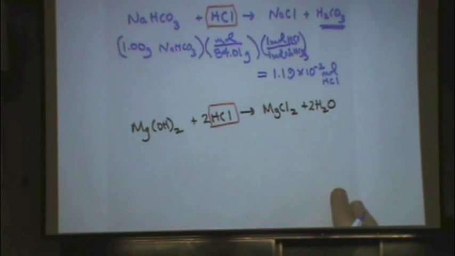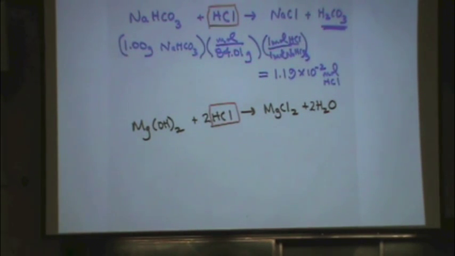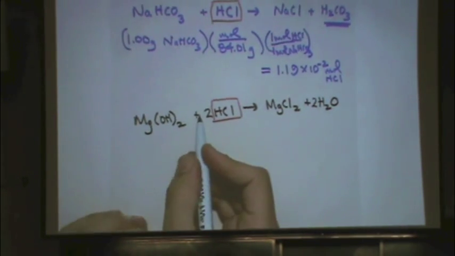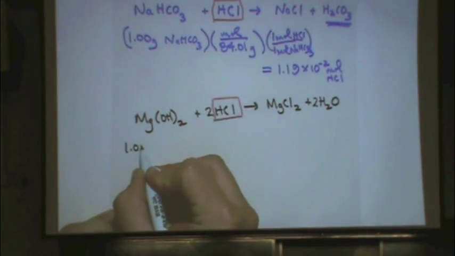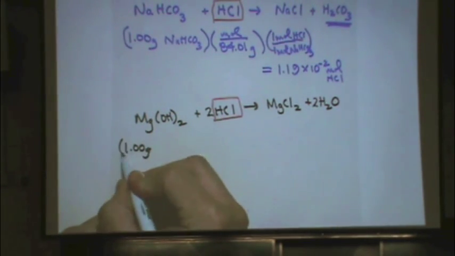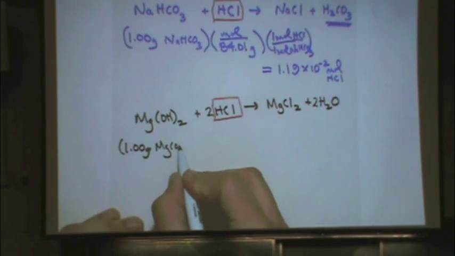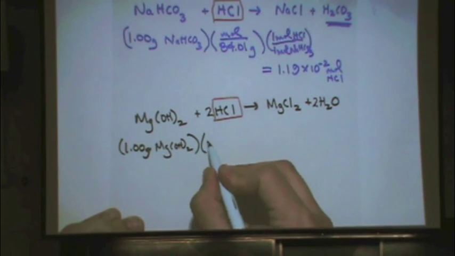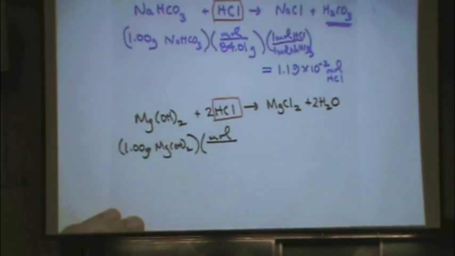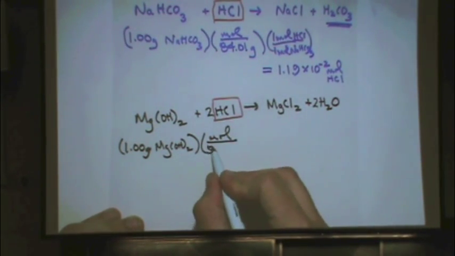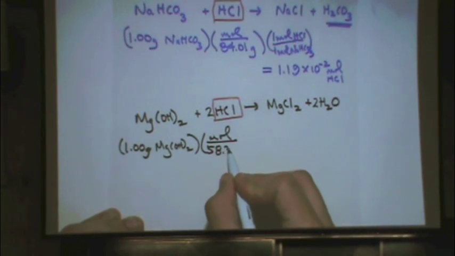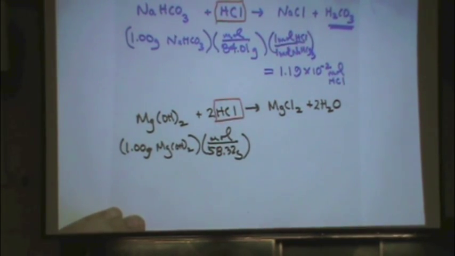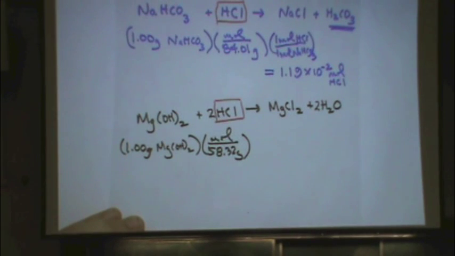Now let's try the milk of magnesia. We're going to do the same thing, starting with 1 gram of the reactant, MgOH2, magnesium hydroxide. In the same way, convert that to moles. Just like we always do, go to moles first, 58.32 grams per mole from the periodic table for magnesium hydroxide.